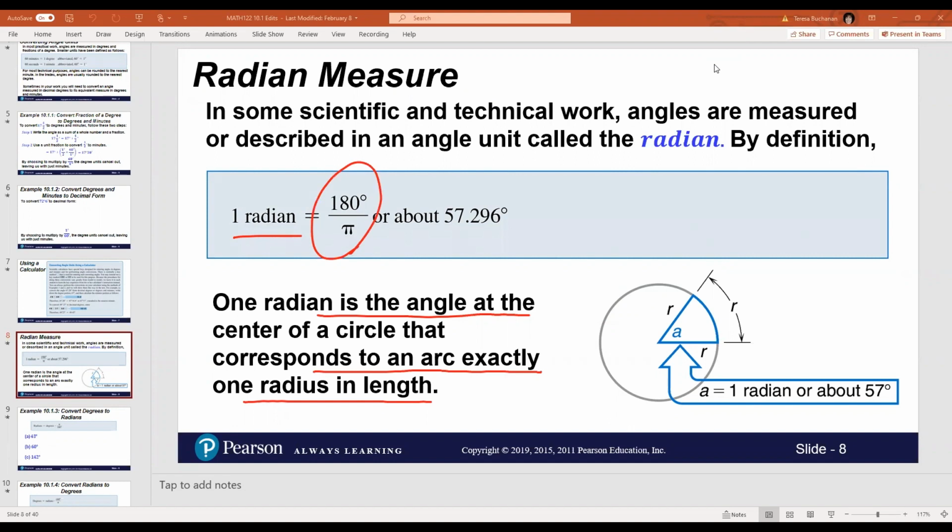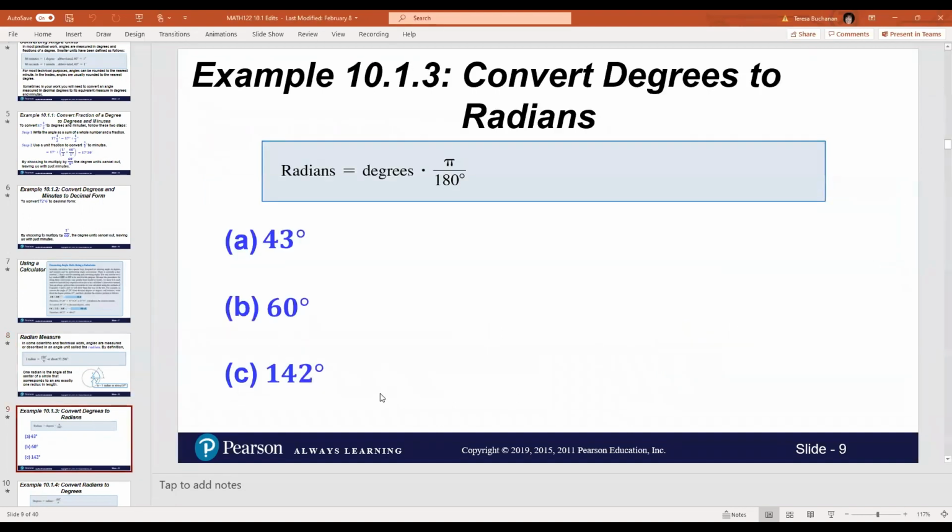That's an alternative way to state a definition of a radian. You don't need to worry about that especially, but it is 180 over pi. Well, we'll see it in practice. Let me just go ahead and show you the examples.